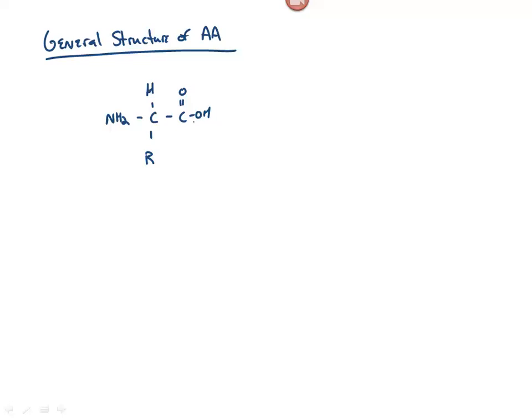Things that amino acids all have in common is, of course, the carboxylic acid group. They all have an amine group. And then this varies. The R group varies for each amino acid.